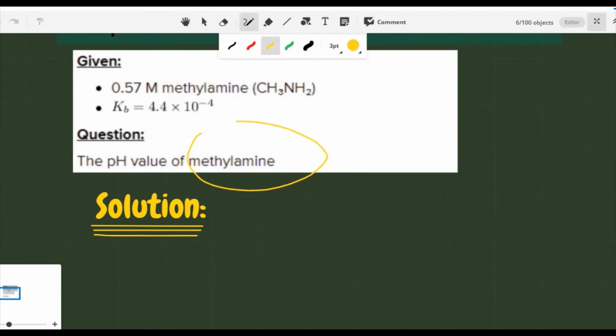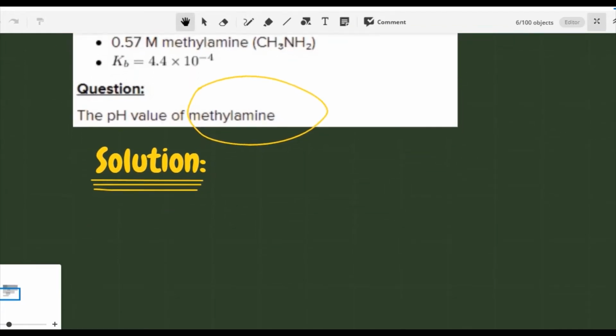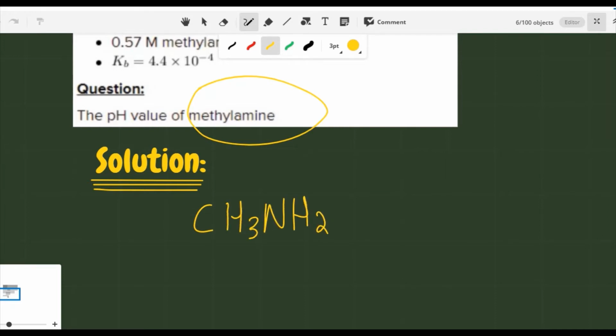First of all, as you know, methylamine, CH3NH2, is a weak base.